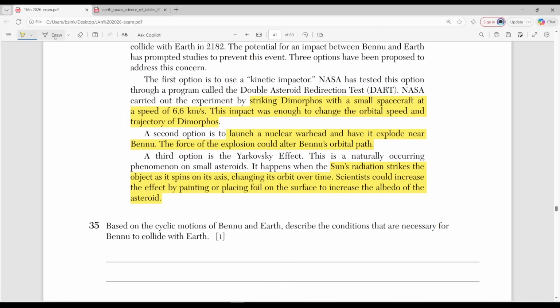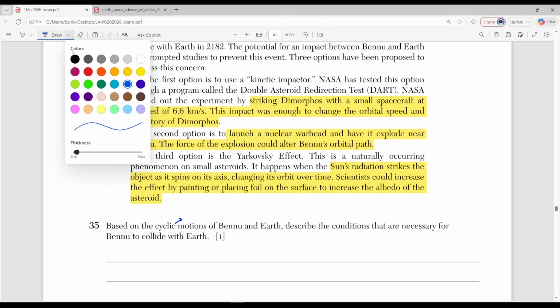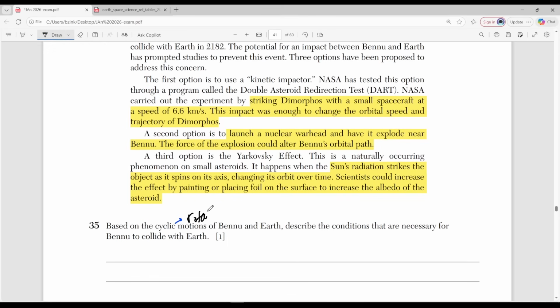Cyclic motions. Okay, so that's rotation and revolution. That's what cyclic motions are. So we're just going to mention rotation and revolution somehow. We'll say the revolution of Bennu around the sun has to align with Earth's revolution.